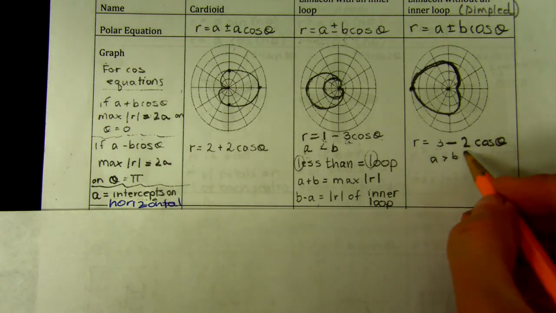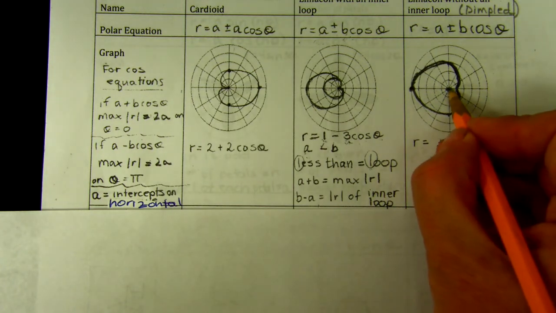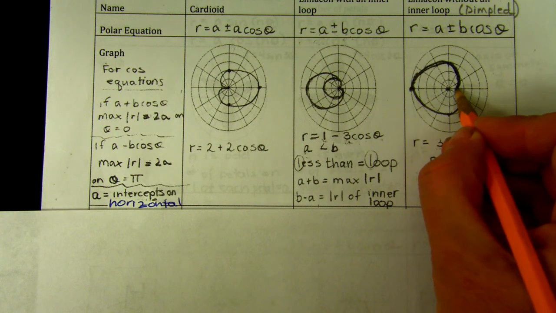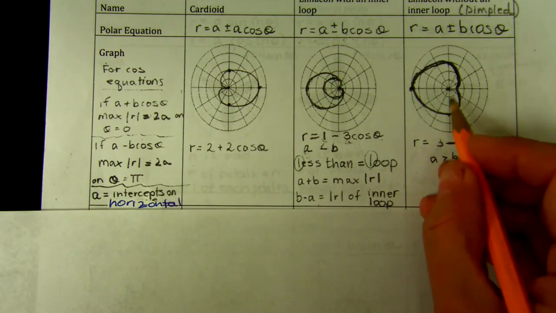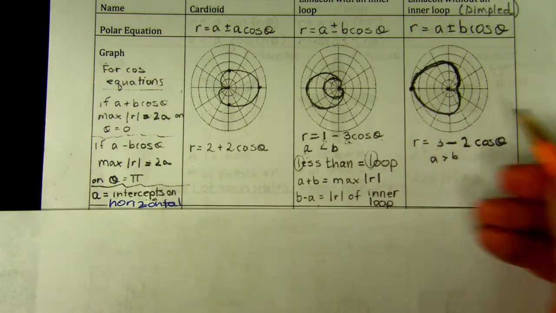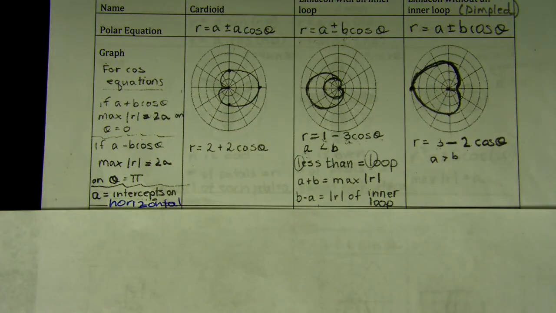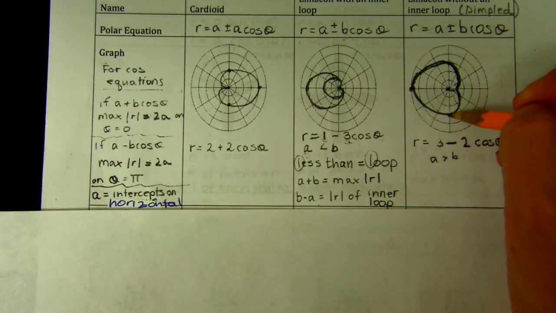And then a minus b tells me the minimum radius in the other direction towards the dimple. So a minus b, 3 minus 2 is 1. That's the distance from the pole to the little divot in the dimple. And then again, a tells me where I'm going to intersect on the vertical axis.